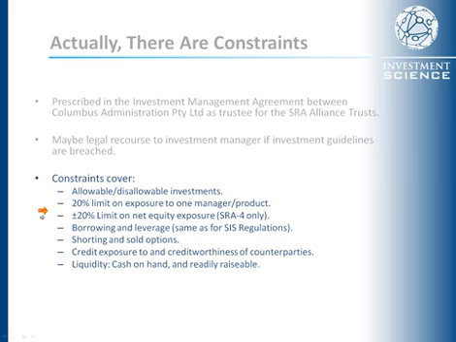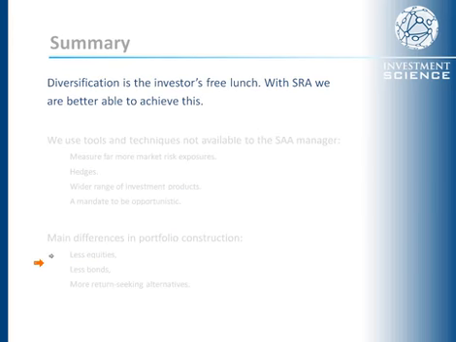The responsible entity should sue us if we breach those guidelines and if we cause losses to the fund as a result. Those constraints cover which investments are allowable and disallowable, limits on concentration, limits on leverage and net equities exposure, and limits on liquidity. We can provide these to you in detail if you want it later.